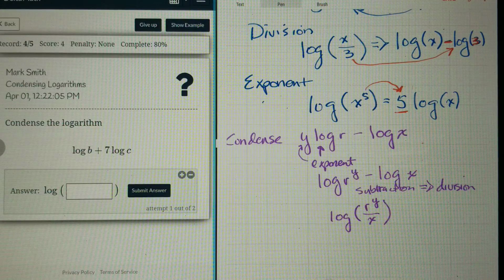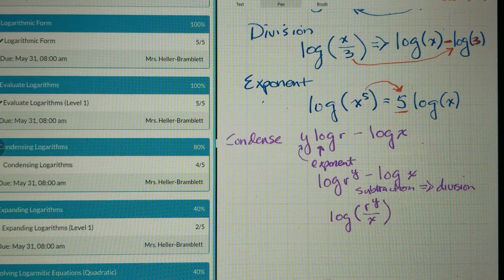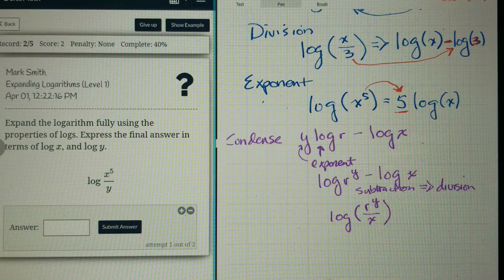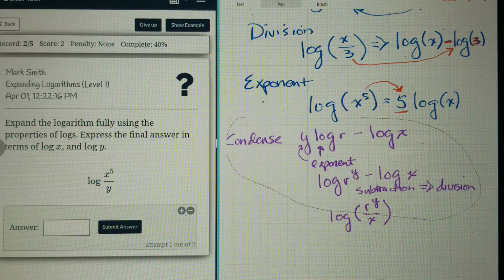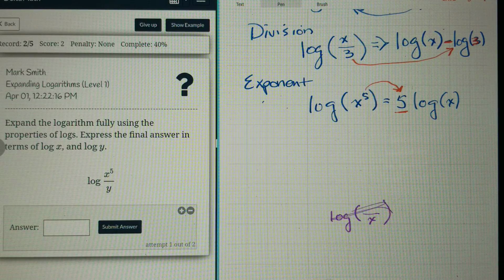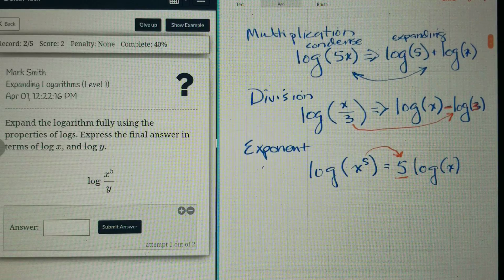Now we're going to go to an example of expanding, which is this guy right here. We have our rules up here that we can follow.